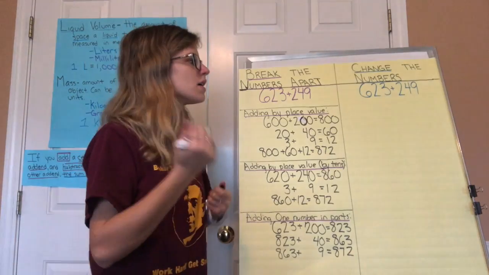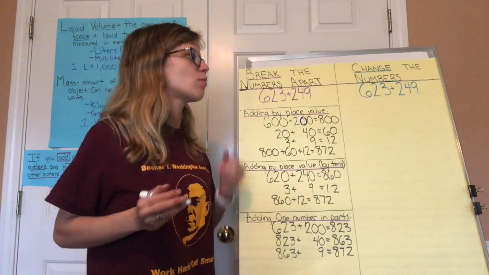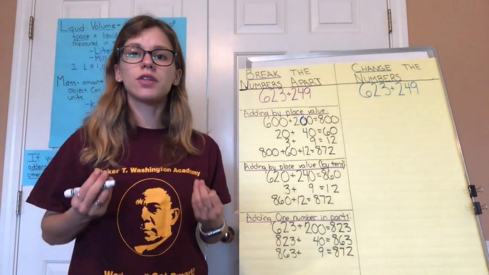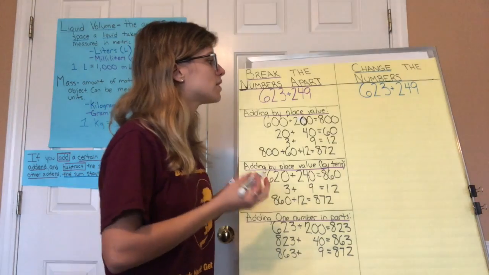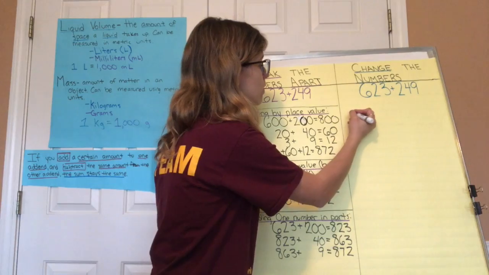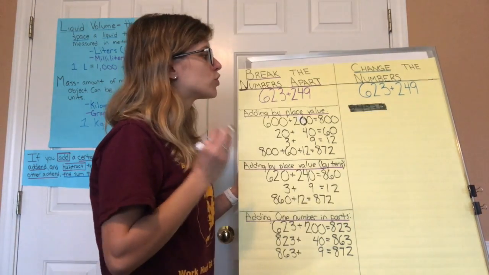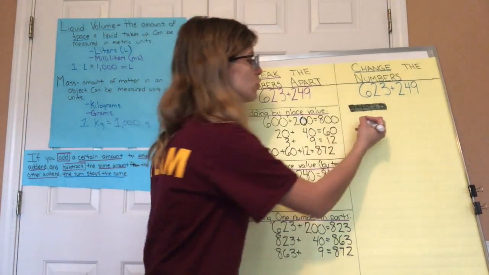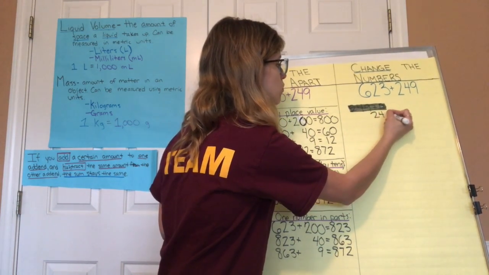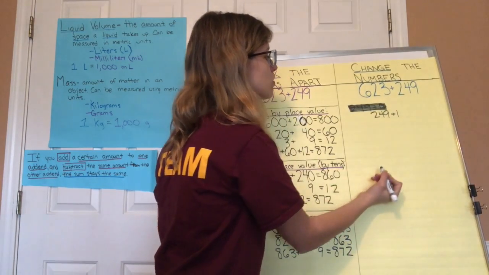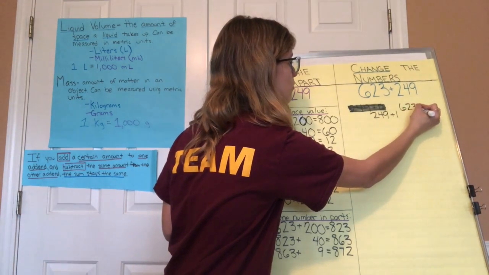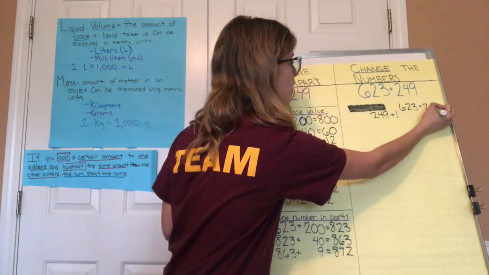Now let's think about the strategy of changing the numbers. And this strategy is when we're changing the numbers to make numbers that are easier for us to add together. So we said that for this strategy of changing the numbers, we could have done 249 plus 1. The reason that we did 249 plus 1 was because we first did 623 plus 249.